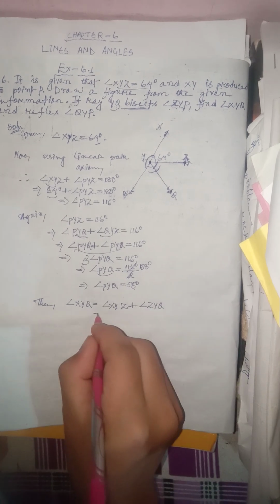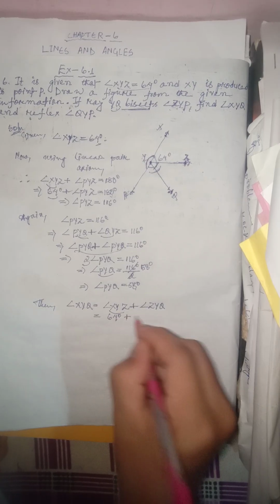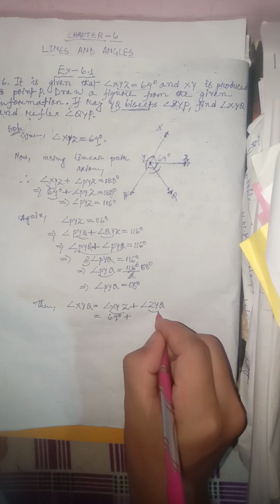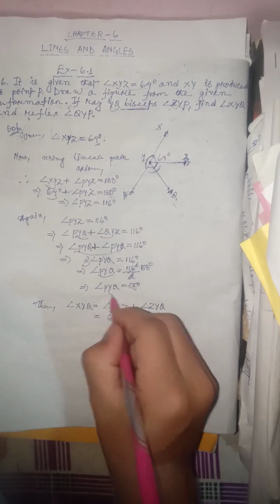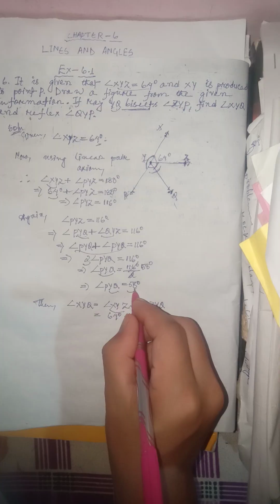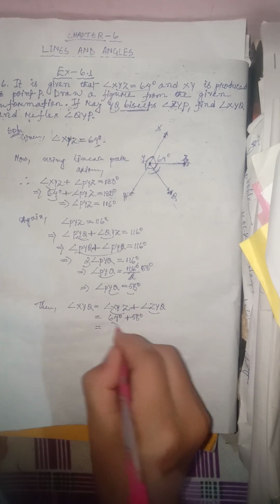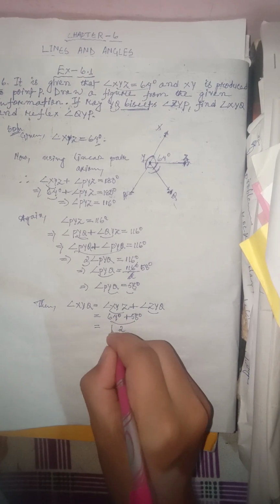Now what is the value of this? It is 64, and ZYQ or PYZ, they are equal, so the value of ZYQ should be 58 degrees. Adding these two, how much would you get? It would be 122 degrees.